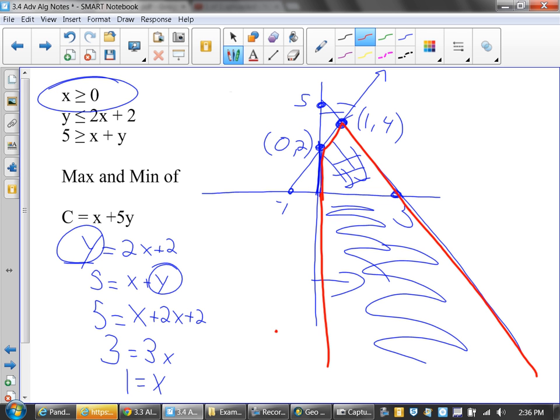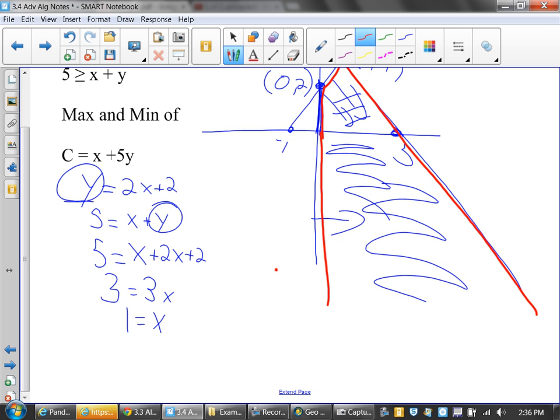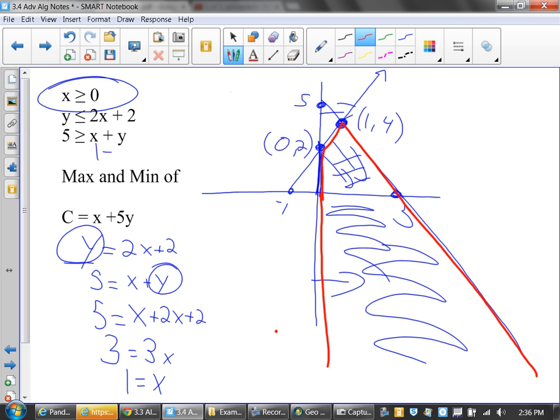Yes, ma'am? That's where those 2 lines intersected. I solved the system of equations. I got 1 for x. 1 plus y is 5, so y is 4. Okay? So I have the ordered pairs. Now I just have to figure out where my maximum is, because the minimum doesn't occur.